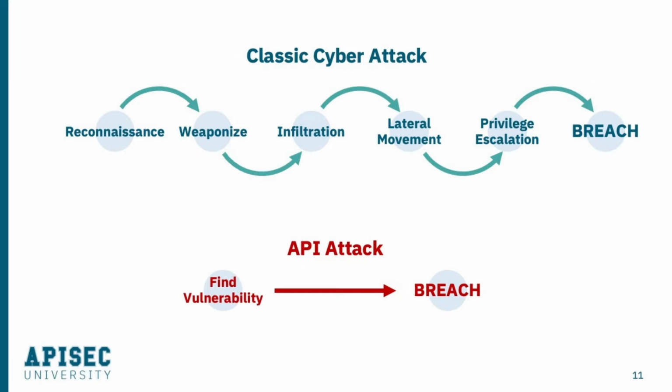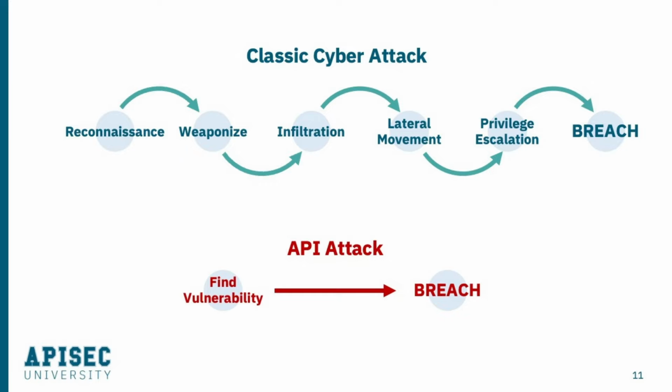But from there, the attacker has to move laterally and escalate privileges and find the data and exfiltrate and so forth. It's multi-step, takes a long time, a lot of sophistication. But with APIs, it's a whole different kill chain. If you can find a vulnerability, then you can exploit it, and you're pretty much done at that point.